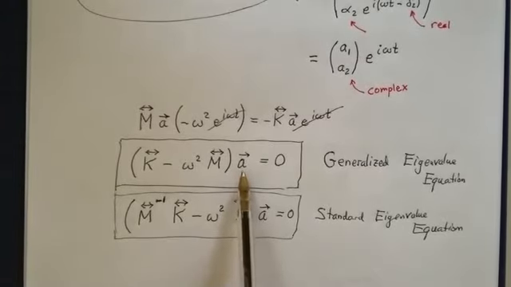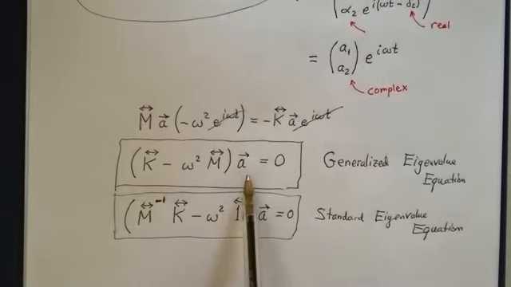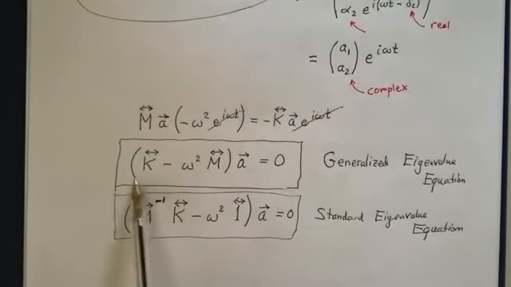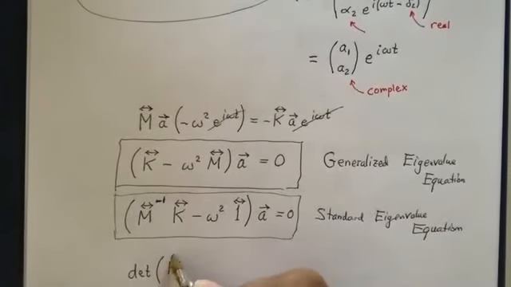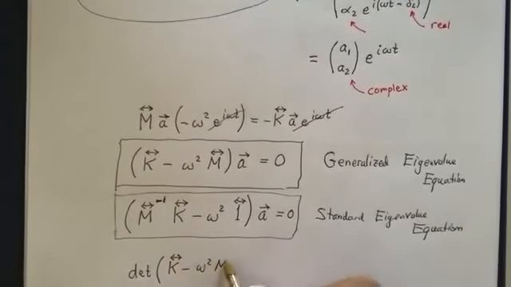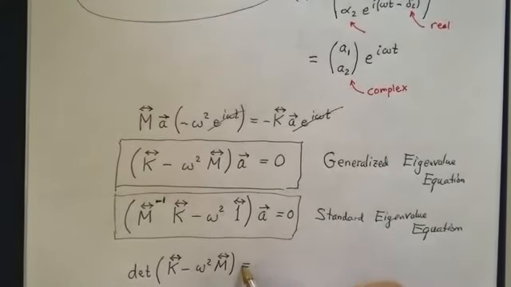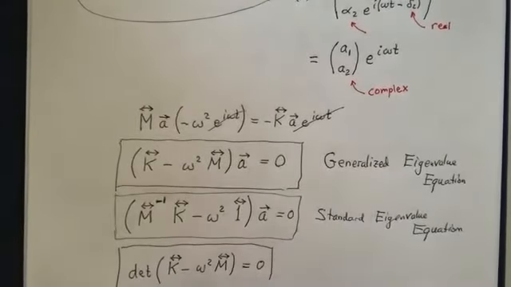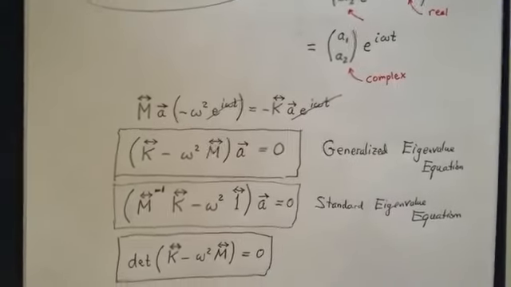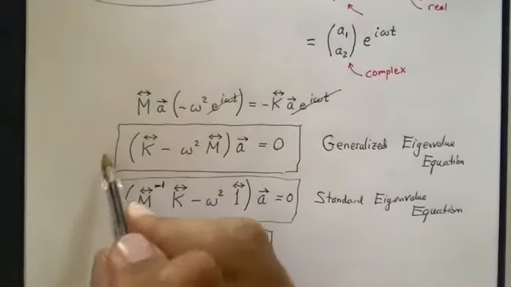So if you want a solution with a non-zero A vector, then it must be true that this quantity in parentheses, which is a square matrix, must have a vanishing determinant.